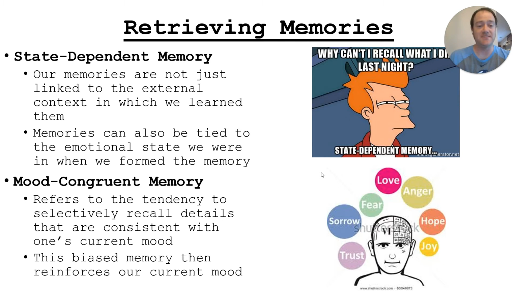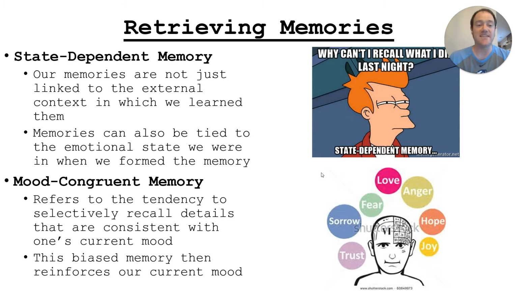But state dependent can be emotional state, like whether you were tired or whether you were under the influence or something. That means that if you return to that same state of mind, tired, under the influence, you may pick up on memories easier that were made when you were in that same state of mind. Okay.